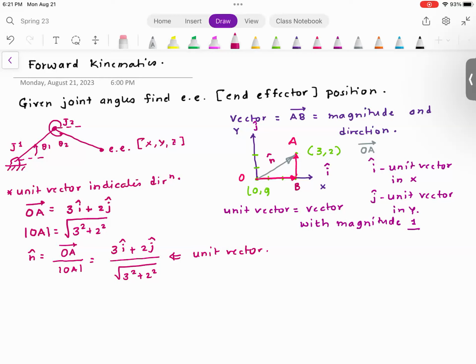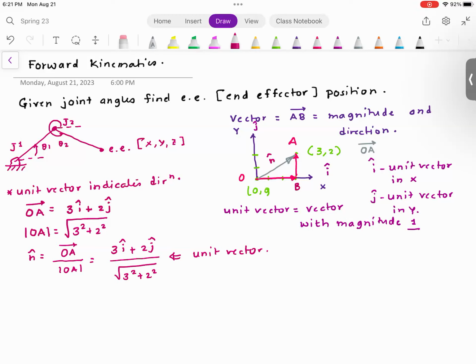We can find out the end effector position by simple geometry. You can find sines and cosines and find where the end effector is. But real life robots are in 3 dimensions. So we are going to look at something called spatial kinematics, the kinematics in 3 dimensions.